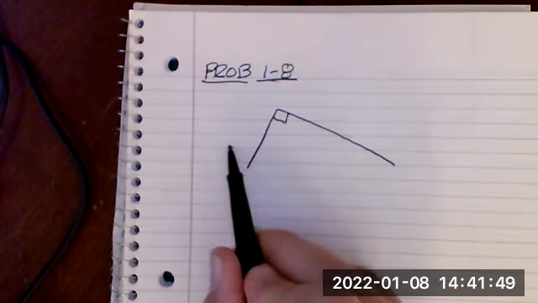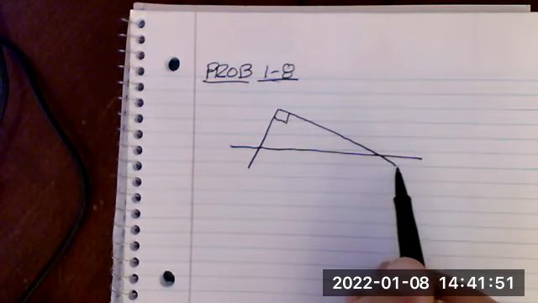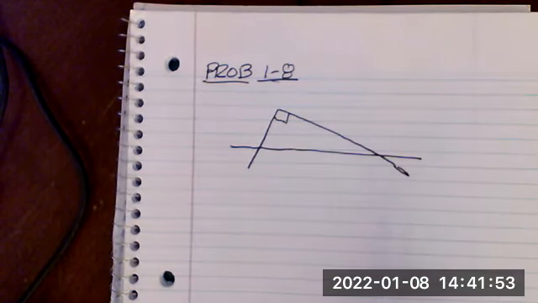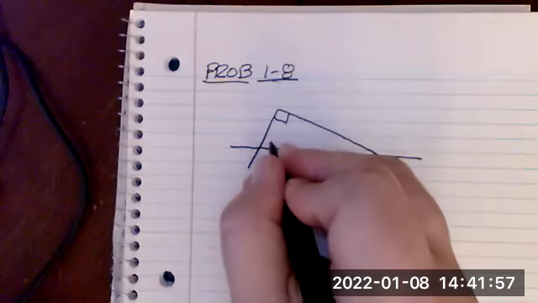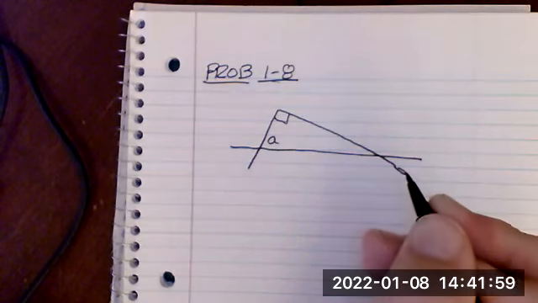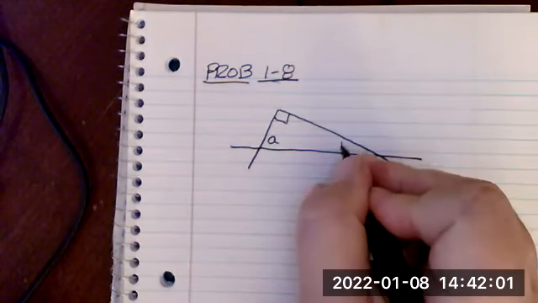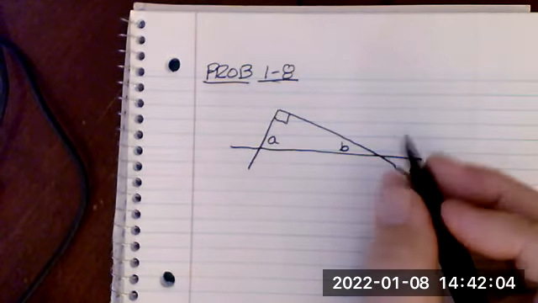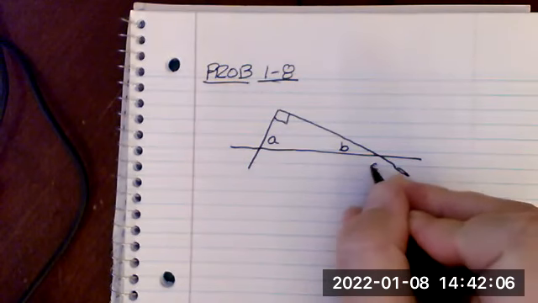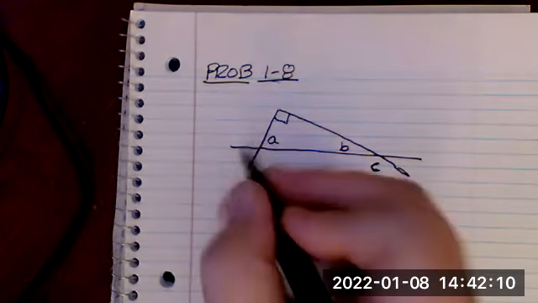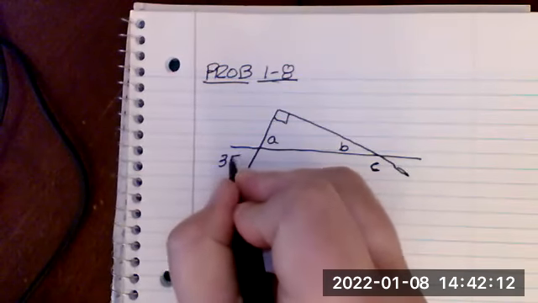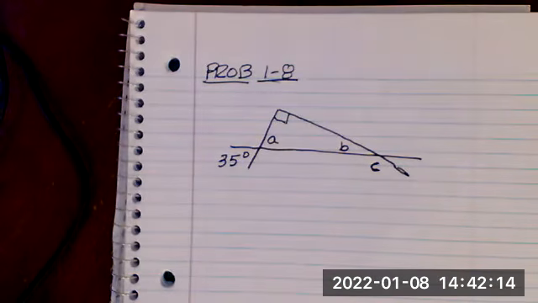Now it wants to know what these angles are. So this is A, B here, and then C. We don't know what those angles are. We do know what this one is, 35 degrees.